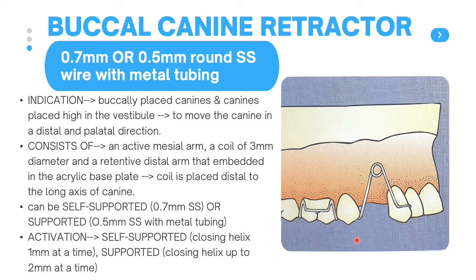Okay, how to activate this kind of retractor? So it depends on which wire that you use. If you use self-supported wire, which is 0.7 mm wire, it is activated by closing the loop 1 mm at a time. And then for the supported wire, okay, you can close the loop up to 2 mm at a time.